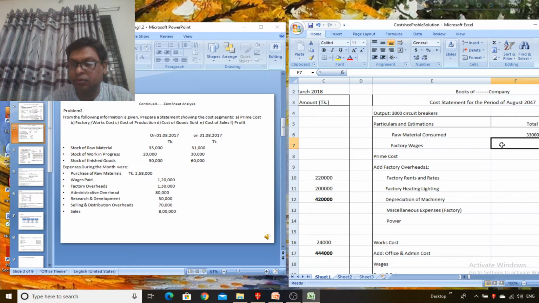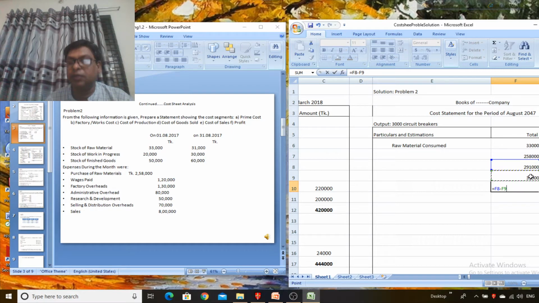And we have to add that, and less closing balance 31,000 taka. So we find that our raw material consumption is 2,60,000 taka.